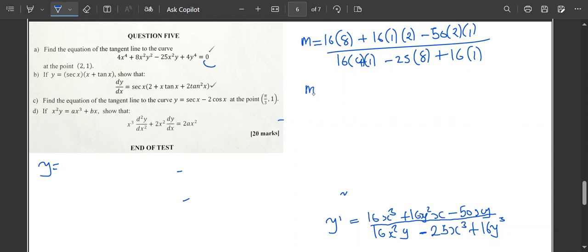So our m now is equal to, let me just punch it on the calculator. So I have 16 times 8, that would be 32, then minus 100.